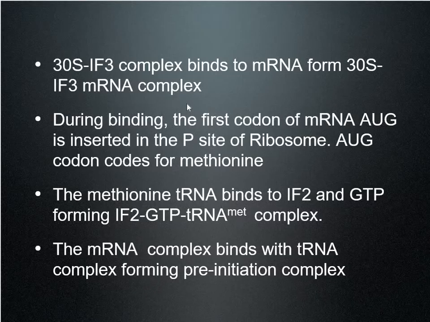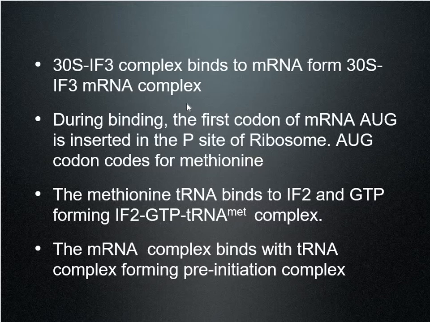Once the 30S-IF3 complex is formed, it binds to messenger RNA to form the 30S-IF3-mRNA complex. So the 30S unit is the smaller subunit of the ribosome, and with an initiation factor it combines with mRNA to form the 30S initiation factor mRNA complex.